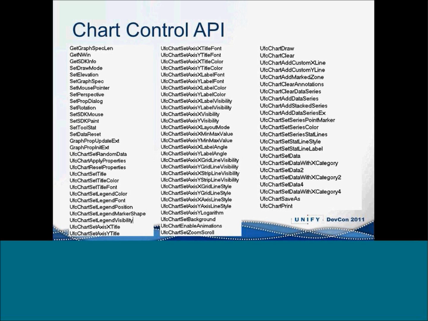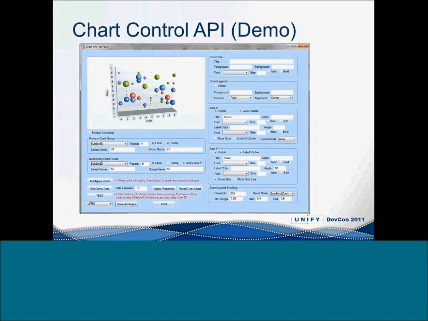So this is a demo I want to show you at the end of the presentation, because I have to switch my computer. So the chart control API. This is to use and to show how the new API works.